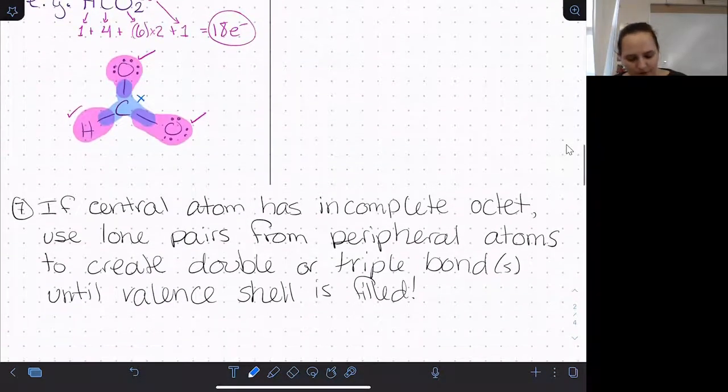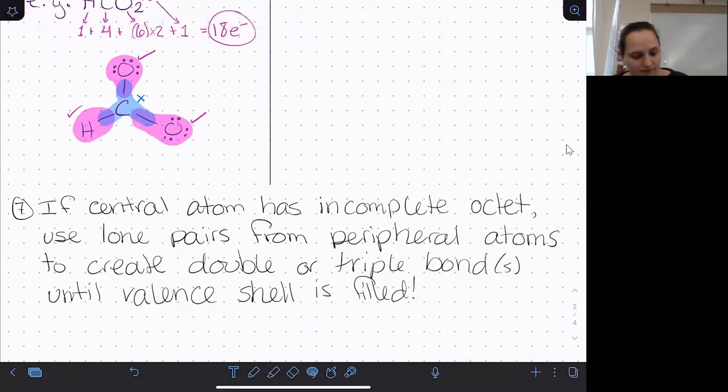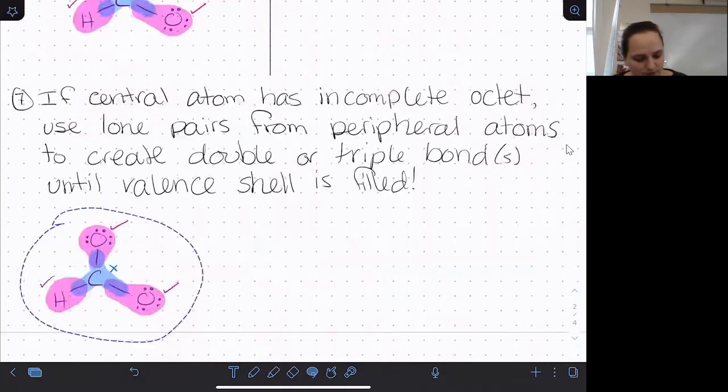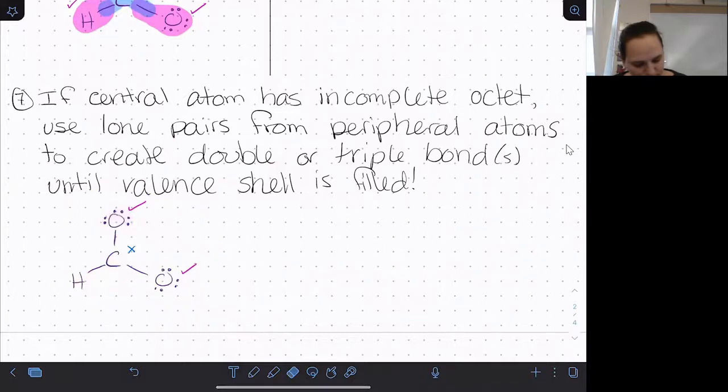So this is where we need to add this new step into our process where we can create multiple bonds. So we don't have any additional electrons to add. We cannot just add a lone pair onto the carbon here. But what we can do is create a double bond by increasing the number of electrons that are being shared.